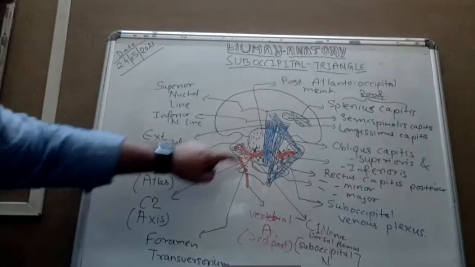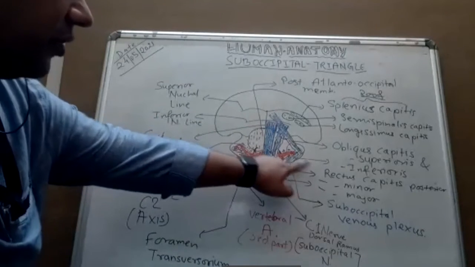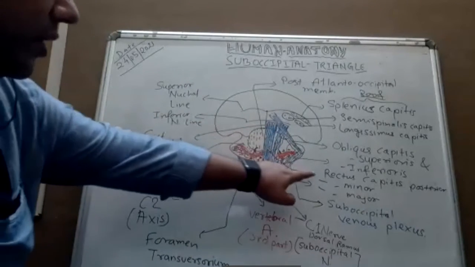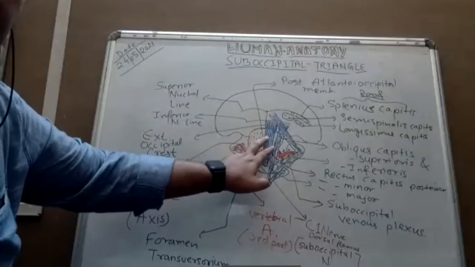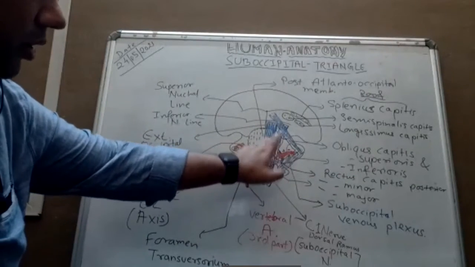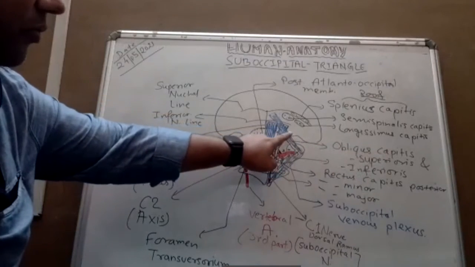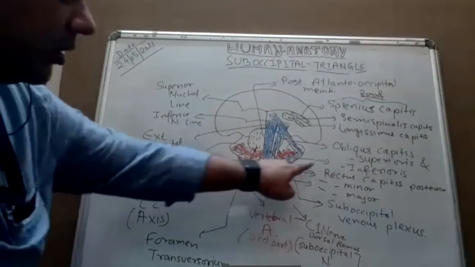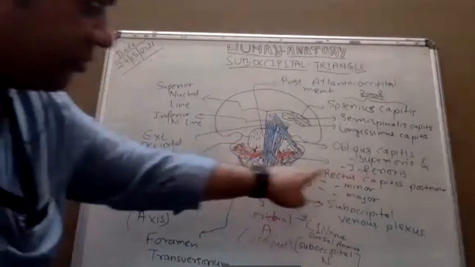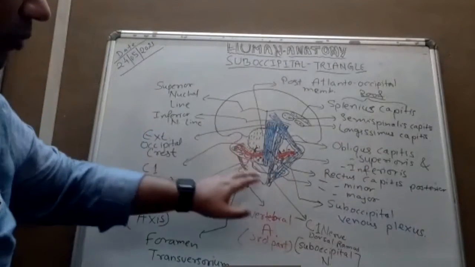The medial boundary is formed by the rectus capitis posterior minor and rectus capitis posterior major. The other two boundaries: superolaterally by the obliquus capitis superior and inferolaterally by the obliquus capitis inferior. Okay. So these are forming the triangle.